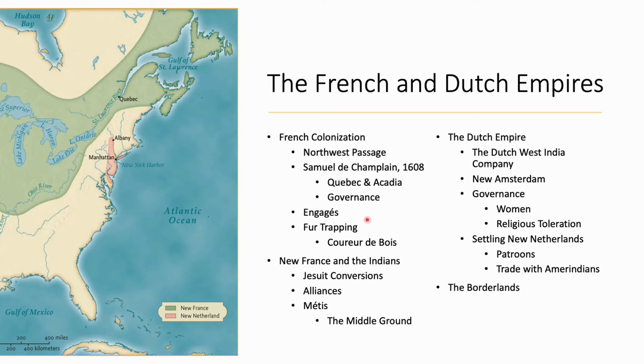Now, for the most part, most of these conversions are unsuccessful. The Native Americans of North America are much more resistant to any type of religious interference than, for example, in Mexico or South America. In many instances, many of these Jesuit missionaries are brutally murdered by the local Native American populations because of this attempt to forcibly convert them.